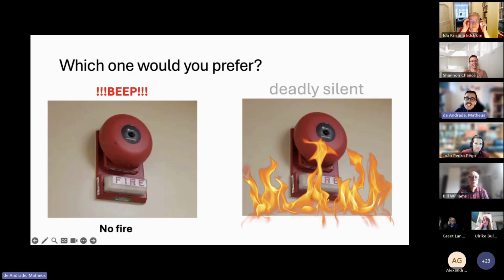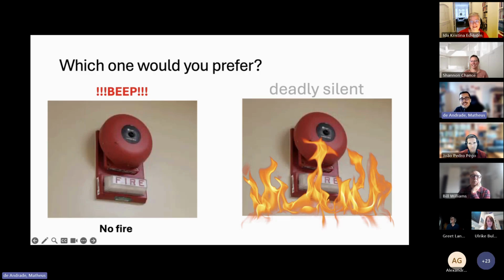Just to start today, I would like everyone to just stop for a second and think, if you had to be cursed with one of these two types of broken fire alarms, which one would you prefer? And if you want to post it on the chat or just turn on your microphone and say something, I would really appreciate it.